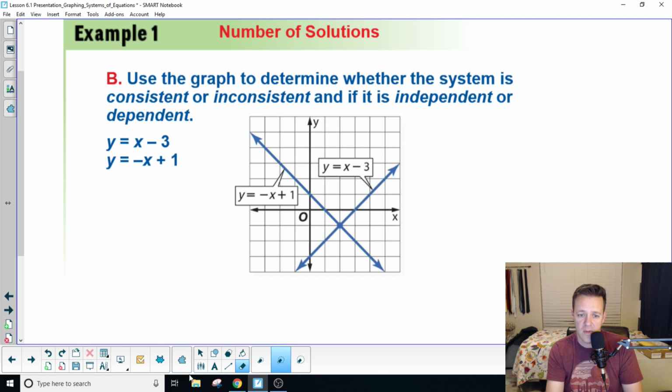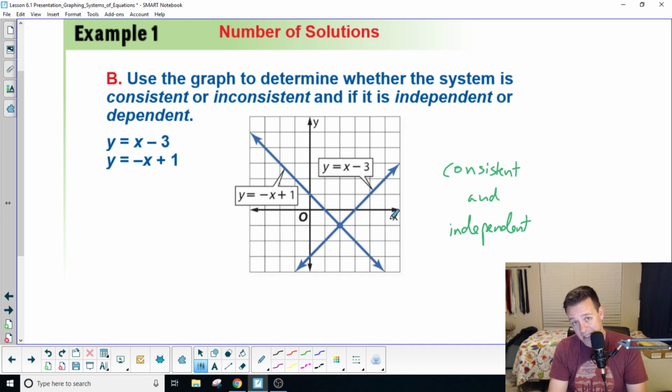It's going to be consistent, and it's going to be independent. I just want to make sure you understand the terminology by looking at this picture. It's a graph. If I ask you on a test whether it's inconsistent or consistent, and then independent or dependent, you can tell me on the test.